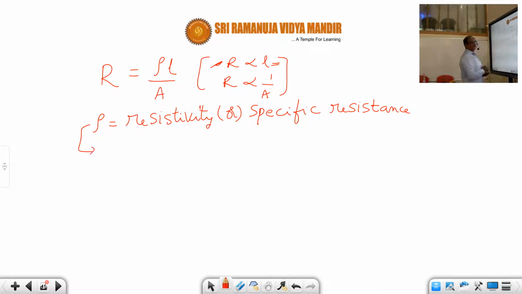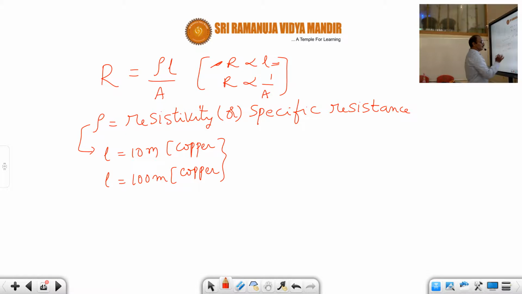Comparing the resistivity, suppose one wire is 10 meters of copper and another is 100 meters, also copper. In this case both will have the same resistivity.